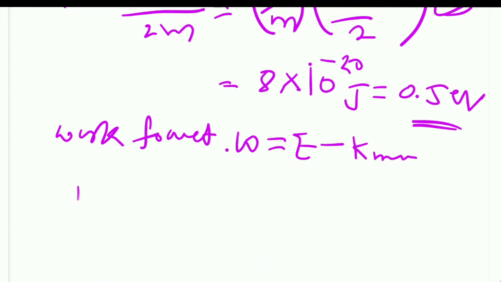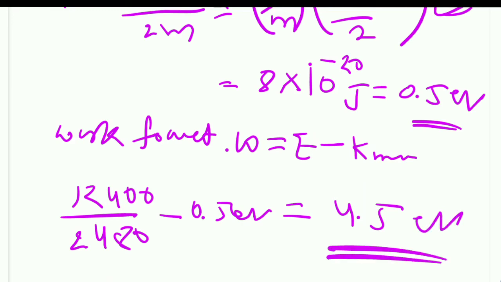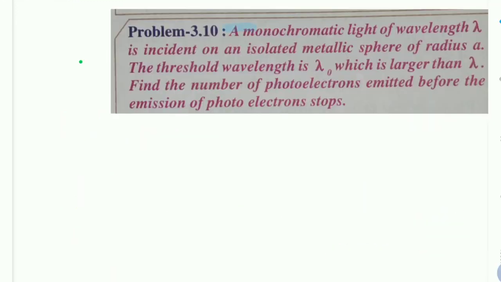So 12,400 by 2,480 minus 0.5 electron volts, we get 4.5 electron volts. This is the answer.